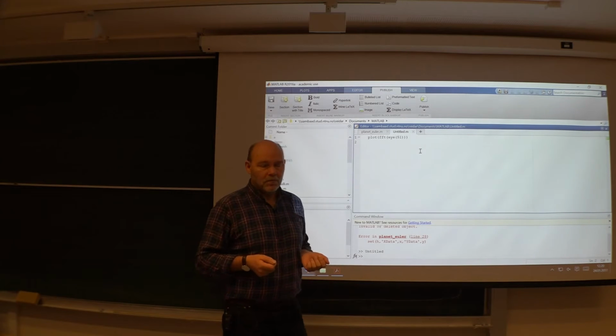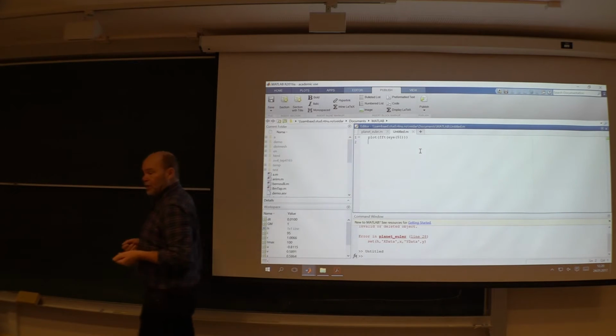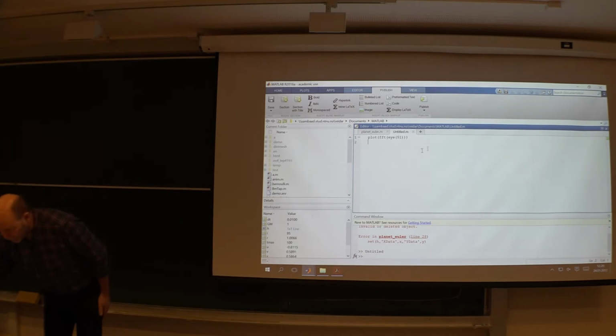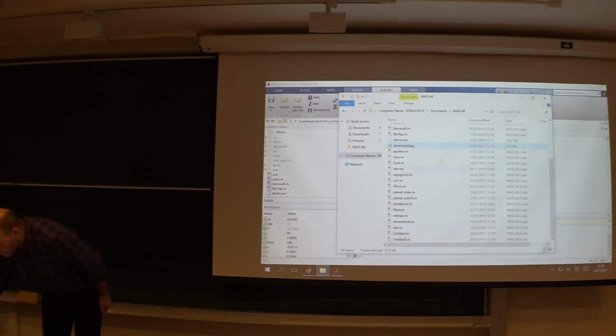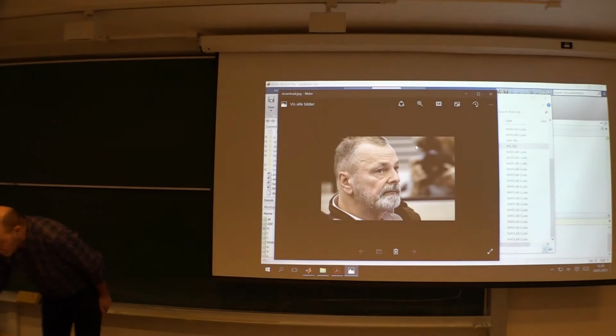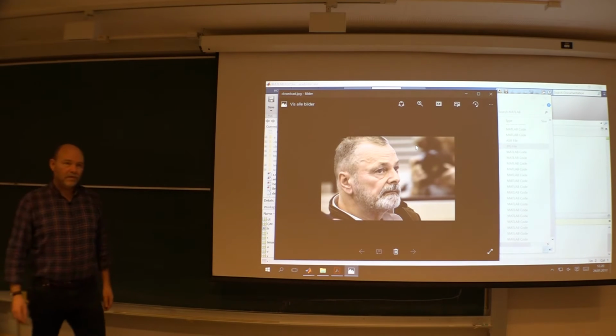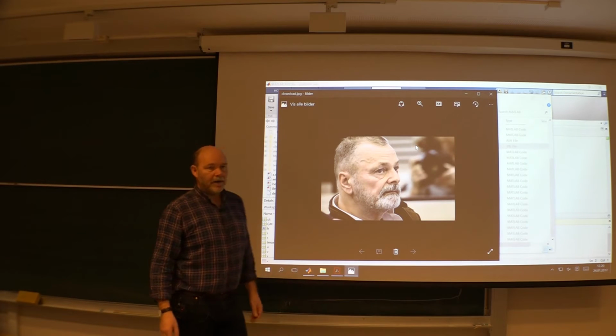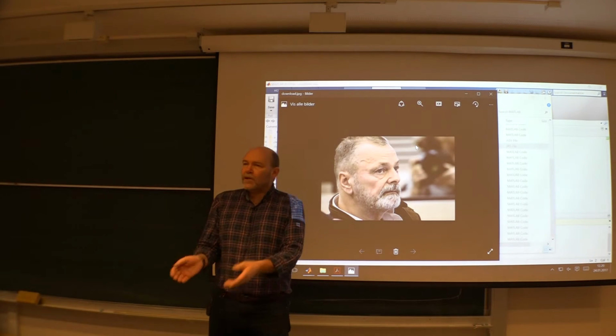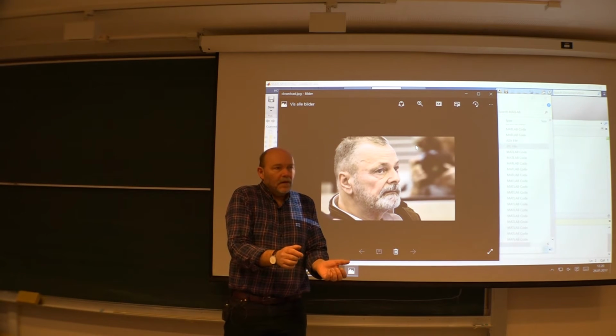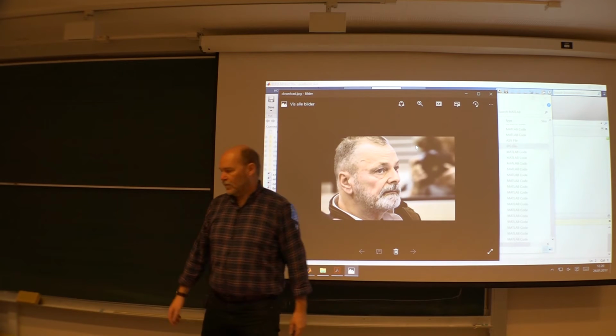So what do you do? You take a photograph of your paper. Here I have taken the photograph already. So now say that's an image of my handwritten notes, which I want to include in the published PDF file.